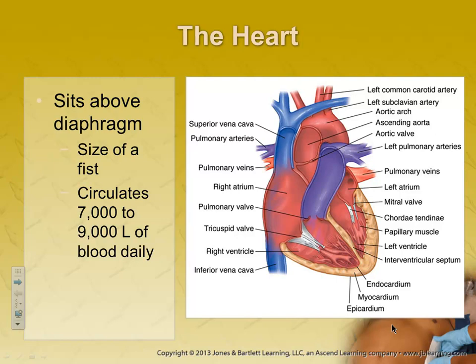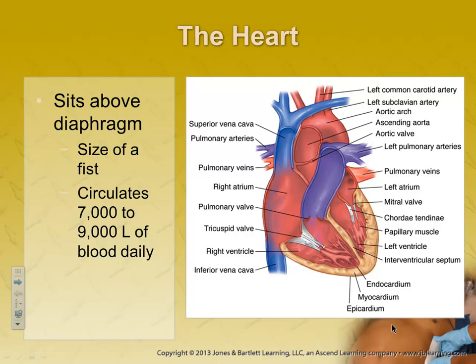To really remember the way that the heart works, we need to talk about the blood flow through the heart, right? So, starting with the right side, what brings blood into the right atrium? The vena cava, the superior and the inferior vena cava, right? Brings it into the right atria.